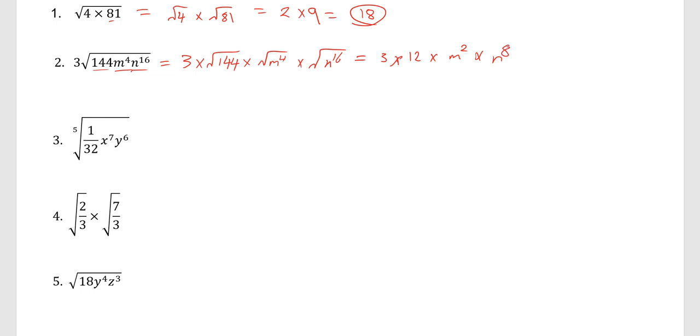Which is, so 3 times 12 is 36, times m squared, times n to the 8th. And this is my final answer.